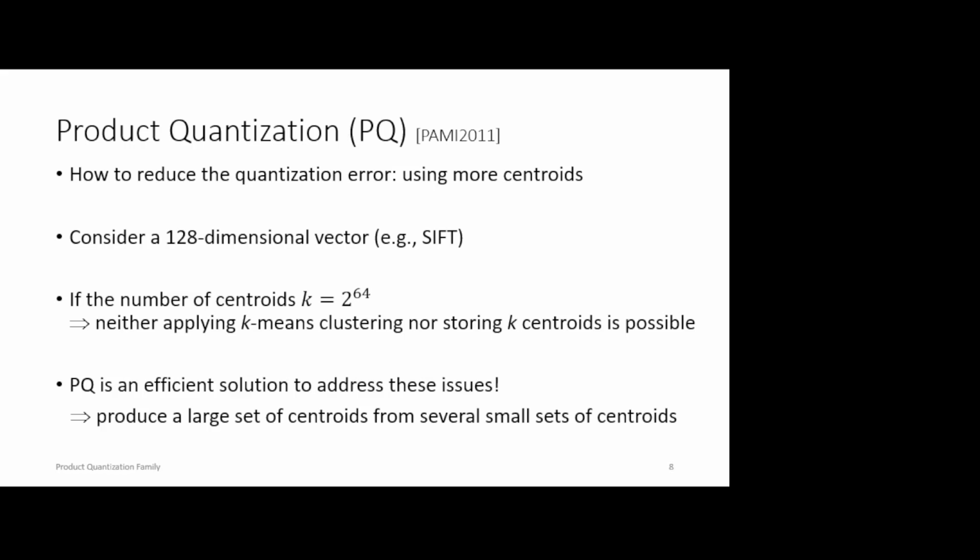PQ was developed to solve this issue. It can produce a large set of centroids. How to do it? You just divide your original data space into several small spaces, subspaces.